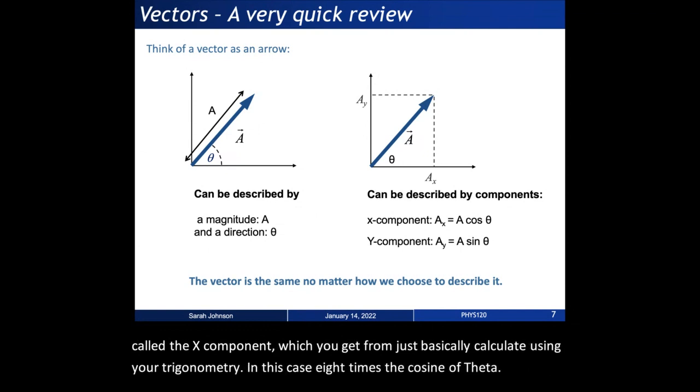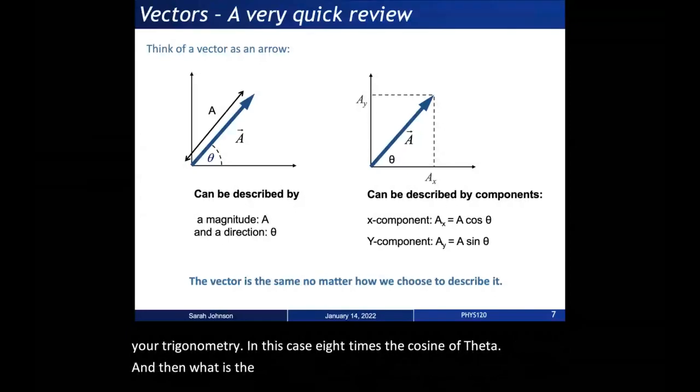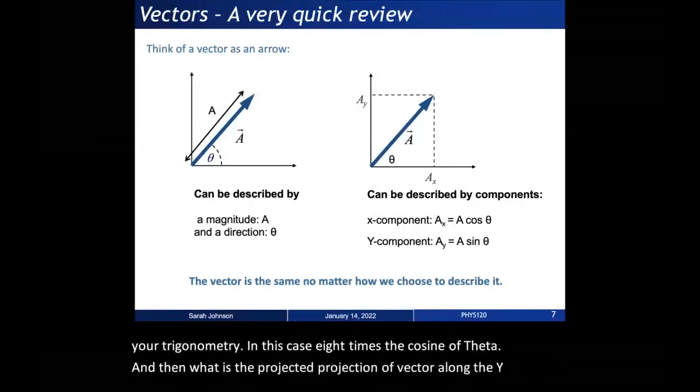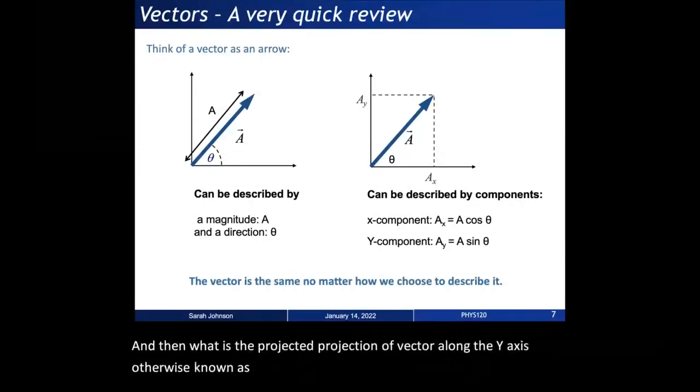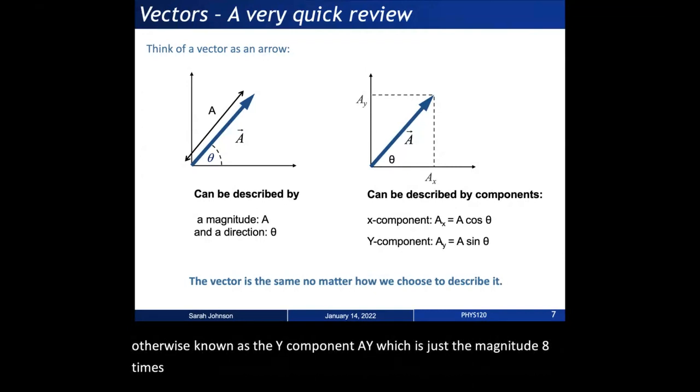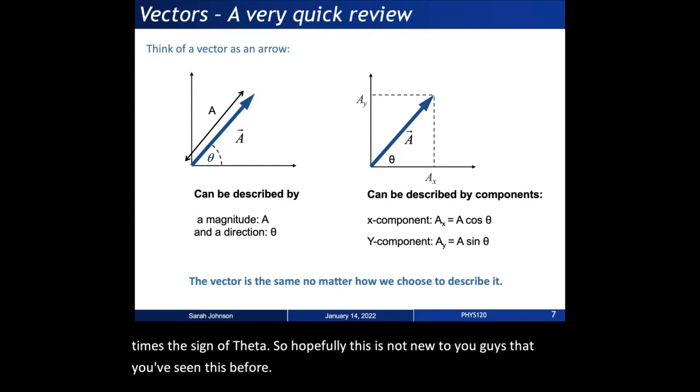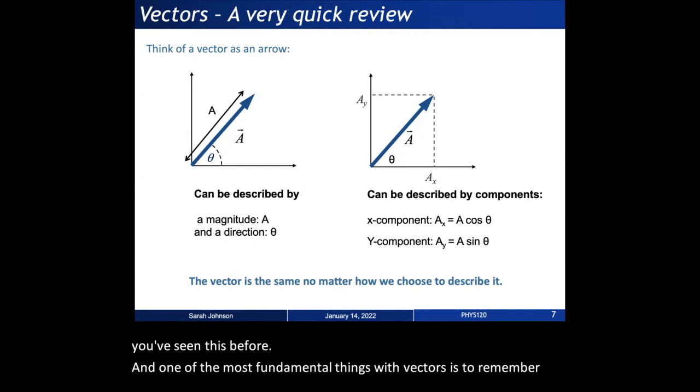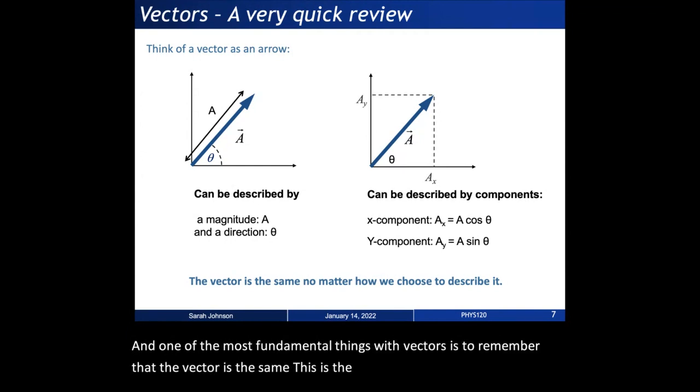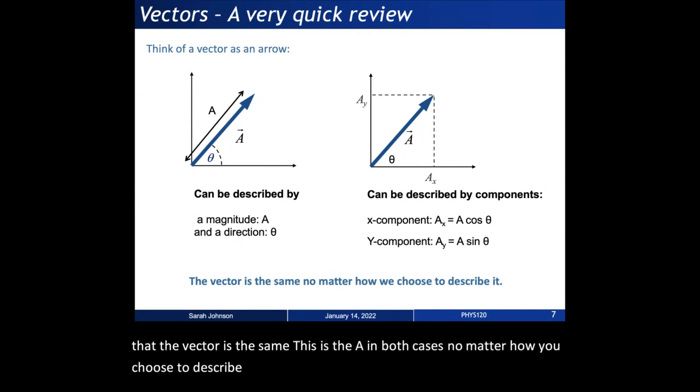And then what is the projection of the vector along the y-axis, otherwise known as the y component, Ay, which is just the magnitude A times the sine of theta. Hopefully this is not new to you. One of the most fundamental things with vectors is to remember that this is the vector A in both cases, no matter how you choose to describe it. It's the same vector.